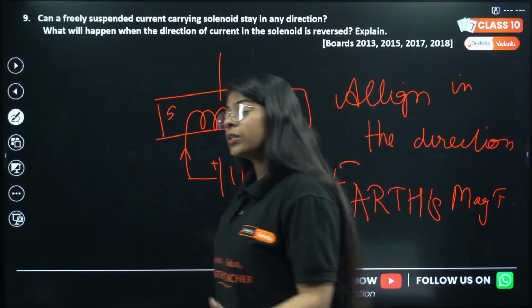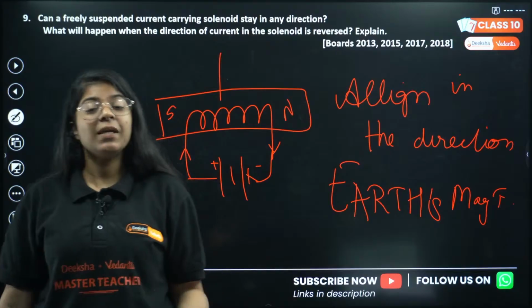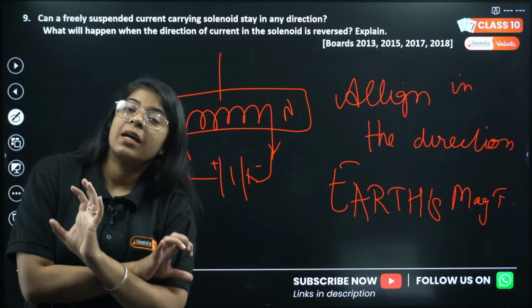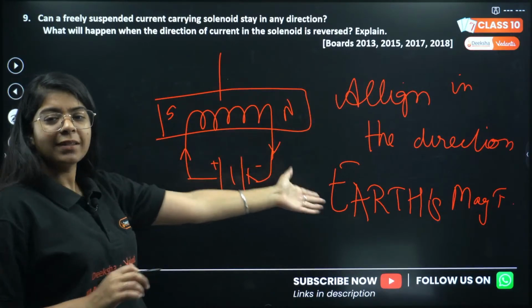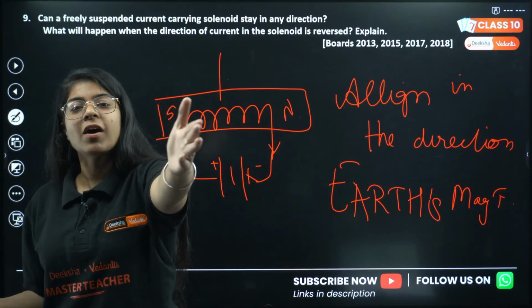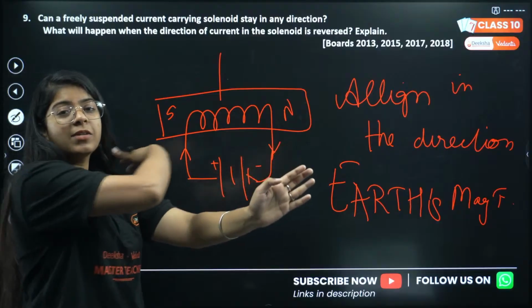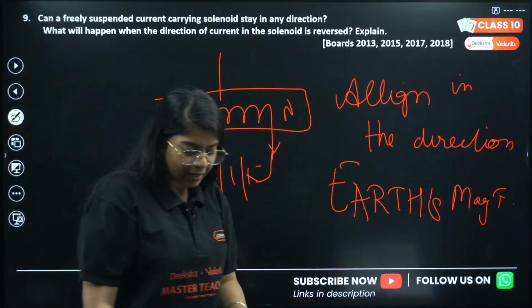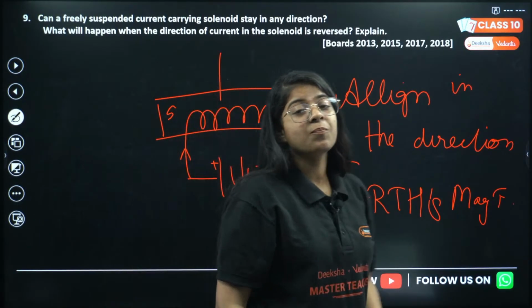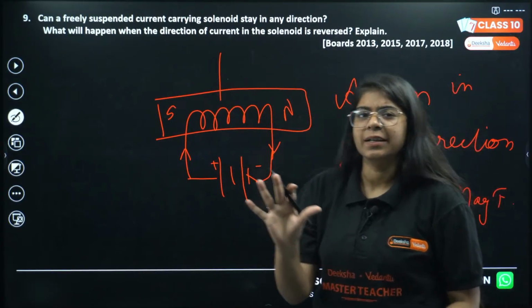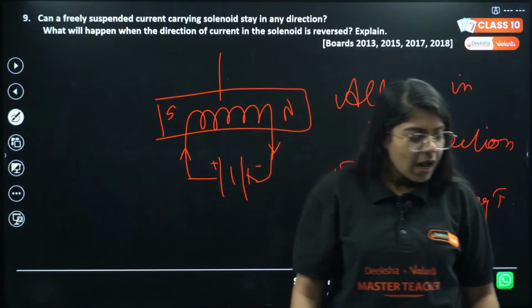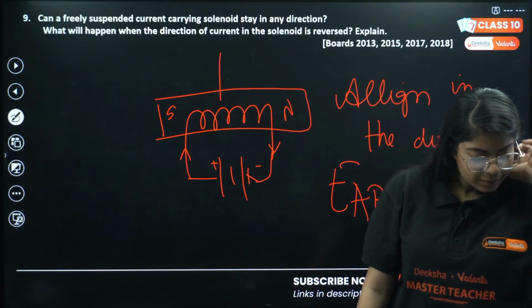And if the north pole and south pole switch, that means the magnet is inverted now, and if it was pointing like this, it will point like this, because north was here first. So north goes backwards, and it will again align itself in the direction of Earth's magnetic field, so the solenoid will rotate by about 180 degrees, correct? Can we move to the next question?